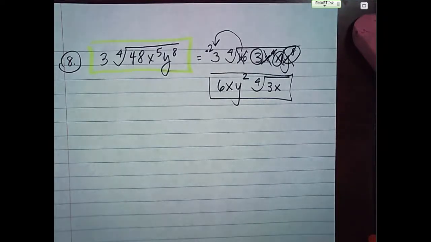Now we're going to add and subtract. When you add and subtract a radical, their tails have to match. Okay, so you have to make sure that they have the same tail in order for them to work.